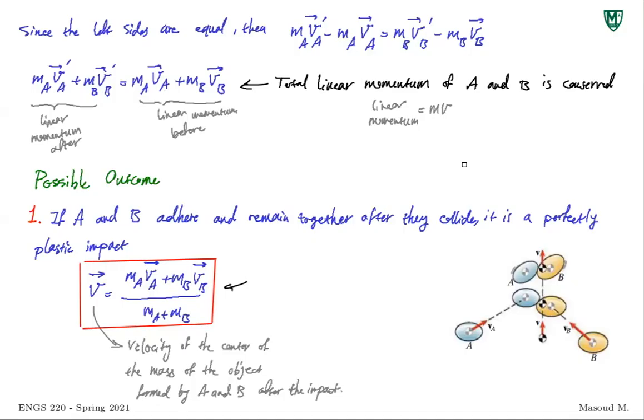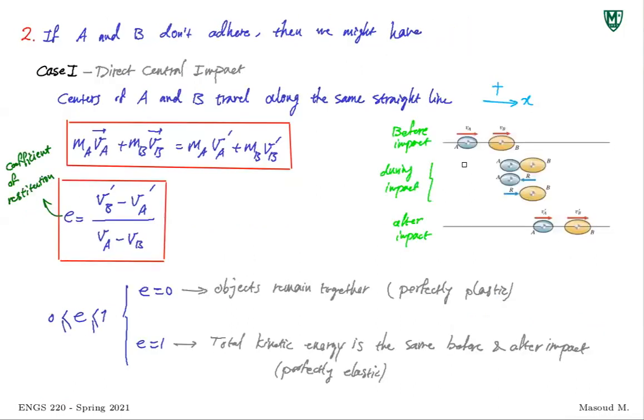We said the total linear momentum of these two objects is conserved, so we can find the final velocity. Now the second possible outcome is that they don't adhere to each other, they don't stay together. We have relatively hard objects, let's say, they hit each other and then travel apart or just move away from each other.